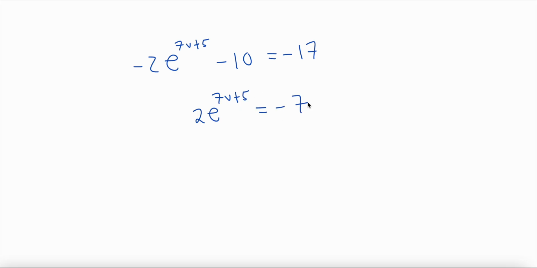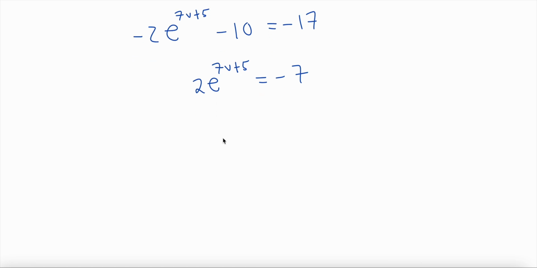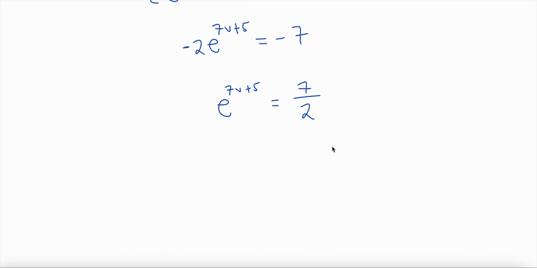That's going to be negative 7. Now we can divide both sides by negative 2. So we're left with e to the 7v plus 5 equals, negative 7 divided by negative 2, the negatives cancel, and we're left with 7 over 2.